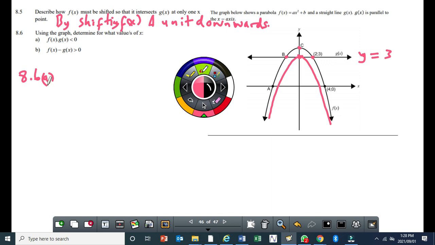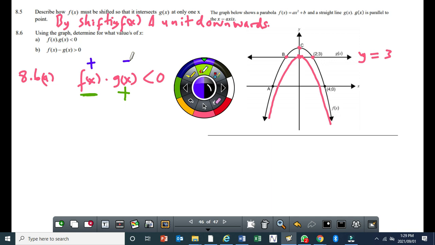Now, for us to have a product of f of x and g of x being negative, it means that either f of x is negative and g of x is positive. Right? So we can have a case where this one is a minus, that one is a plus. We can also have a case where this one is a plus, that one is a minus. Right? So the only way we can get that answer, right?